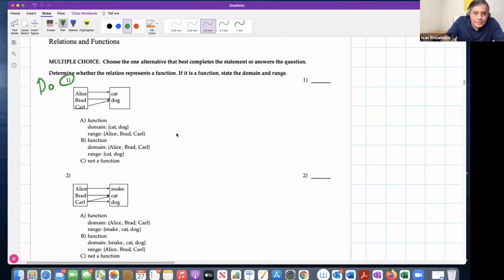Let's analyze this. Look here. This is saying that Alice is paired up with a cat, right? Next, Brad is paired up with dog, right?